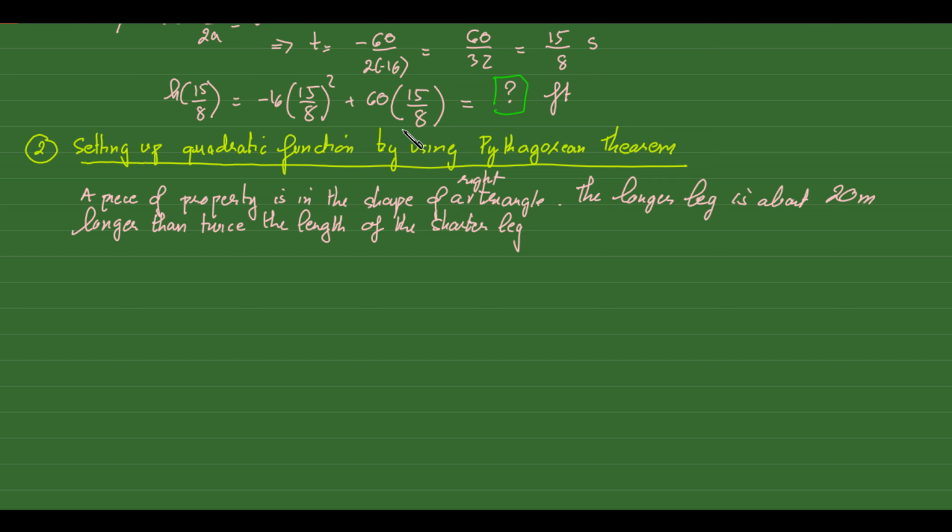The length of the hypotenuse is 10 meters longer than the length of the longer leg.